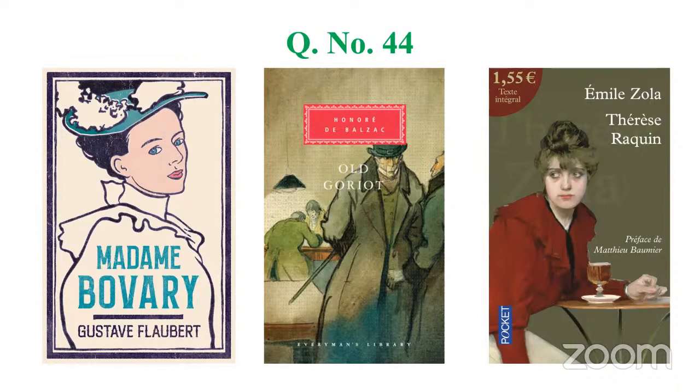And one of the works in that collection is Old Goriot, G-O-R-I-O-T. It's kind of a father figure in that work. Then we have another writer known for his realistic portrayal of the world, associated with realism and naturalism, especially naturalism. So we have Emile Zola, E-M-I-L-E, Zola, Z-O-L-A. And the work given, we have Therese Raquin. So Therese Raquin was written by Emile Zola.